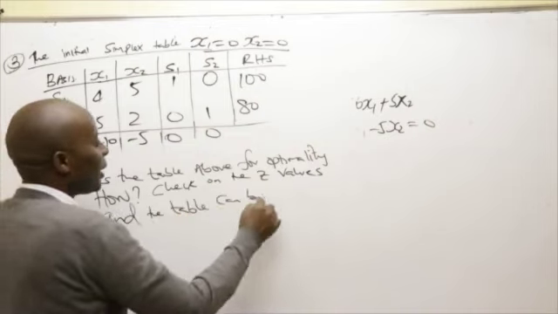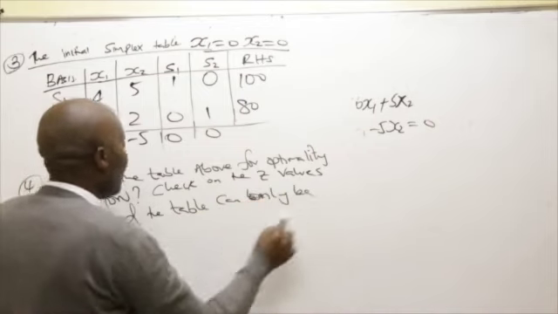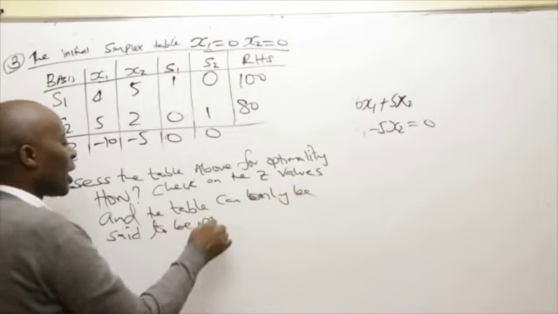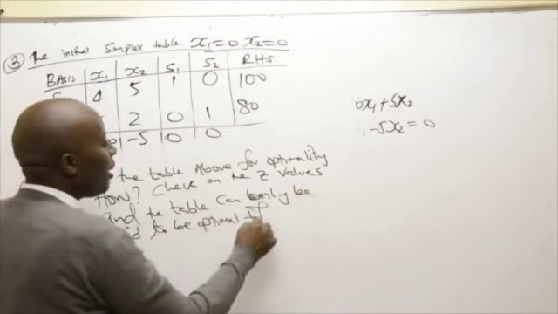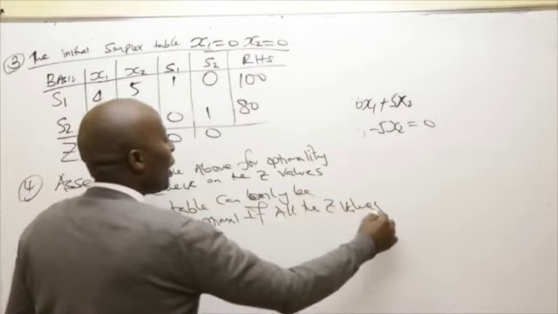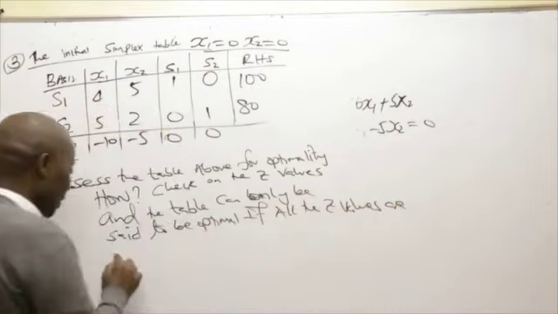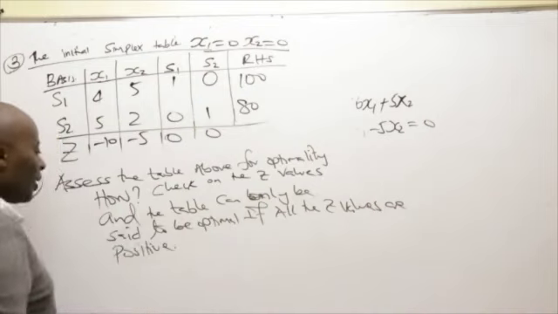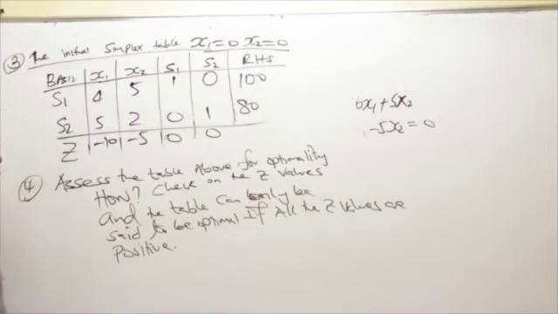The table can only be said to be optimal if all the Z values are positive.